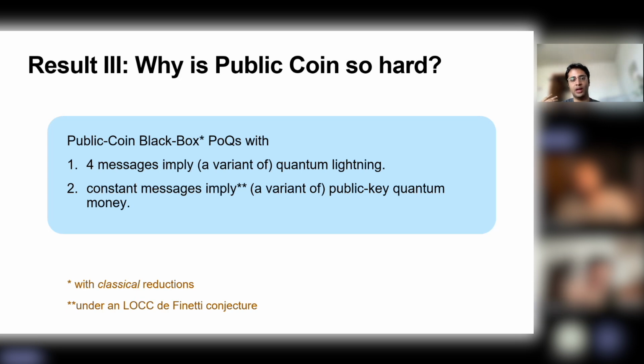Now, I think I know what you mean. I think they're constructed with a CRS. So instead of the verifier sending the first message, they just have a structured CRS. You are exactly right. So they have a CRS, and then they send first the public key of the signature, then the verifier sends a message, and then the signature.